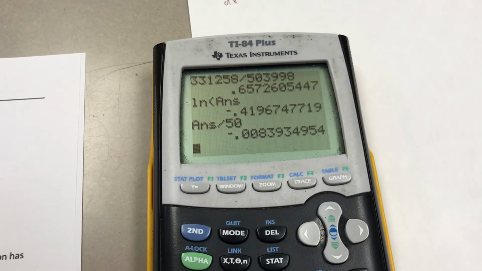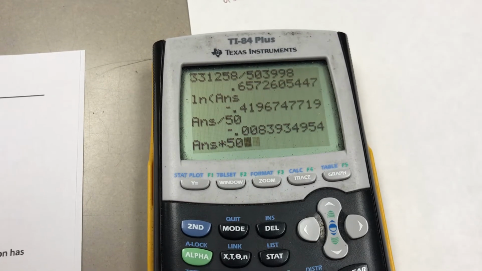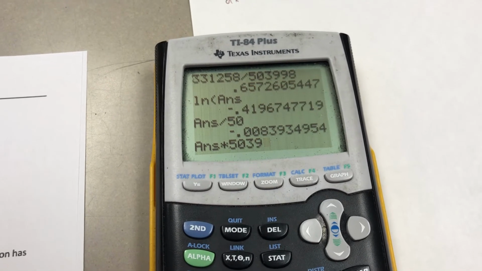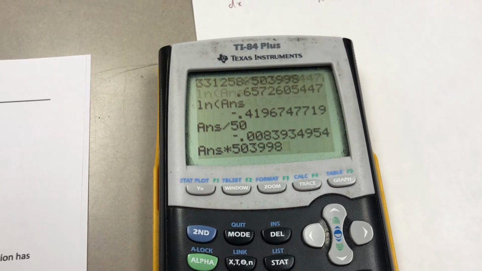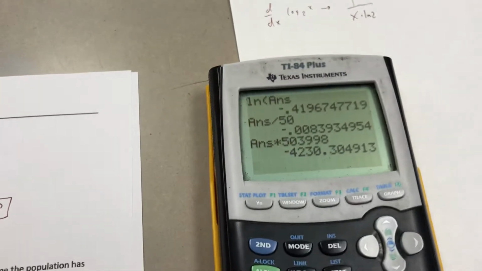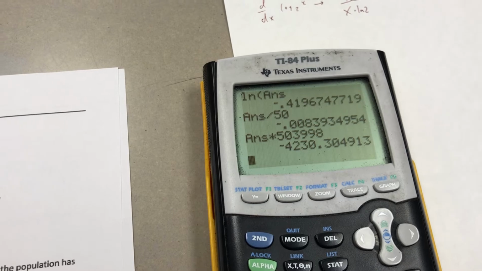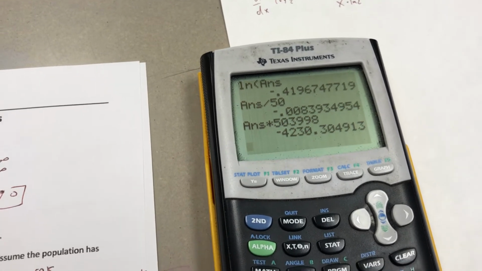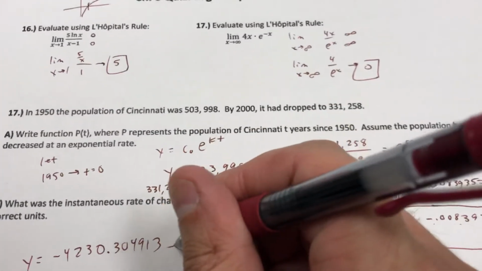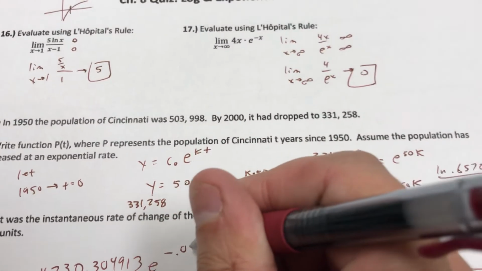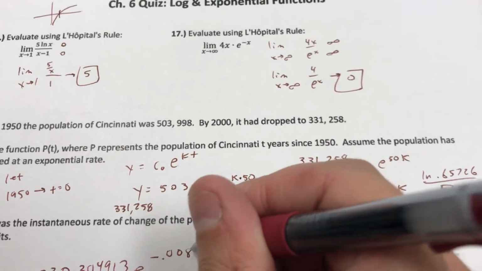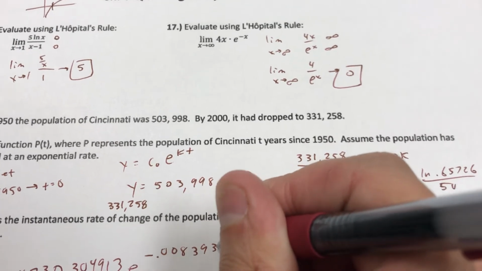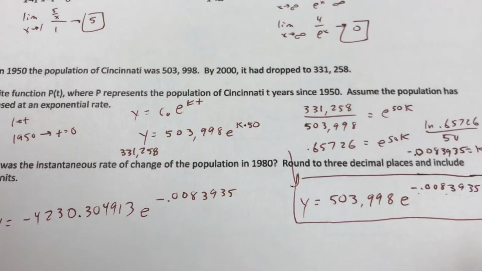I'll take that decimal and multiply by 503,998. Out in front, we're going to have negative 4230.304913 e to the negative 0.0083935 power.